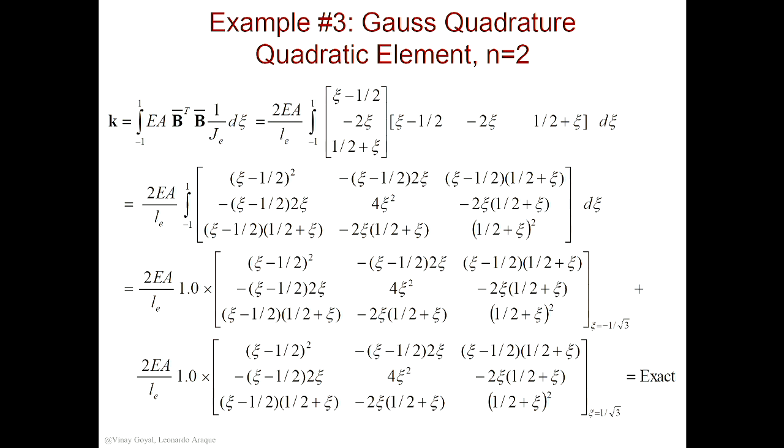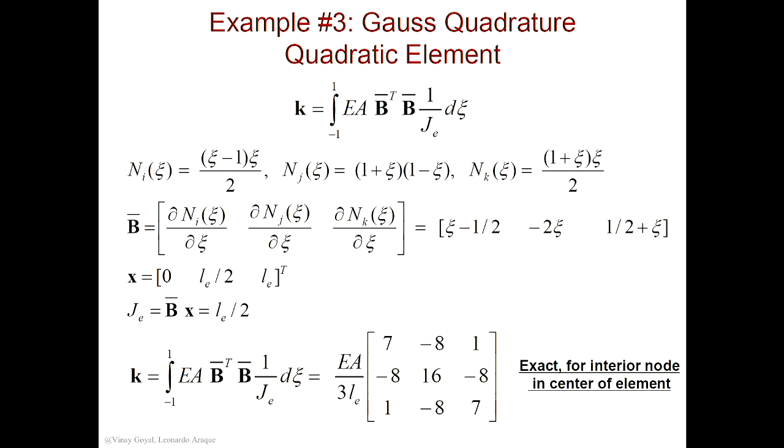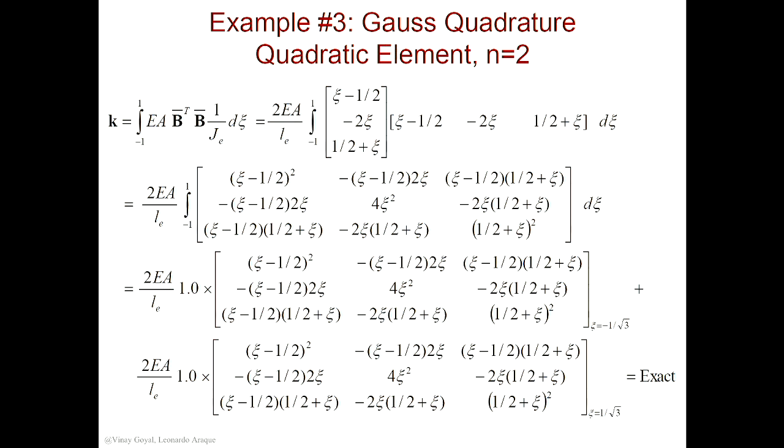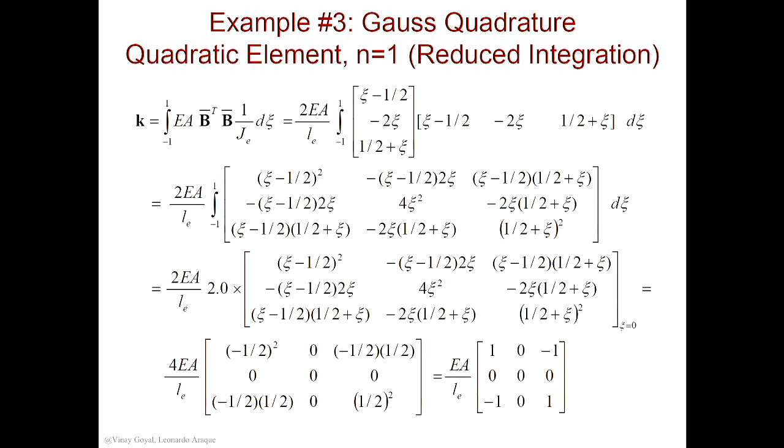Now if I decide I want to use n equals 1 to see what happens, I only have 1 point, so C0 is where you evaluate this, and then you have a 2.0 for the weight. If you do this multiplication, you actually get this strange thing where you have 1, 0, minus 1, 0, 0, 0, minus 1, 0, 1.